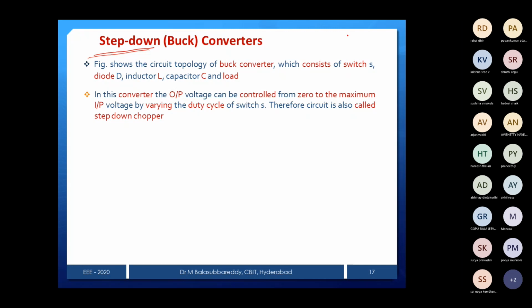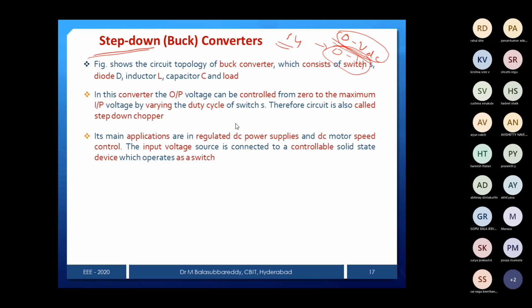So the output is always controllable only from 0 to VDC, or VS, or VD, whatever the notation. Whatever input voltage you apply, if it is 14 volts, your output can be controlled only from 0 to 14. It should not go beyond 14.